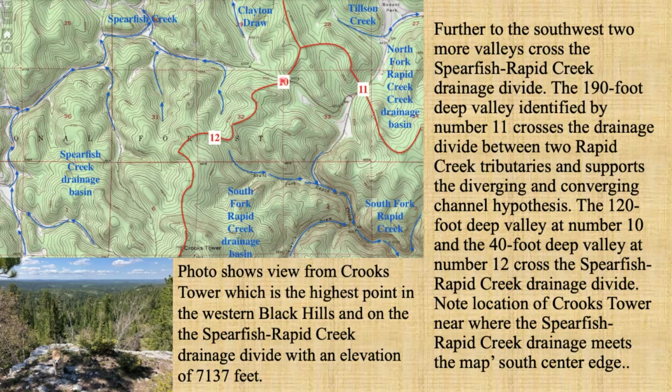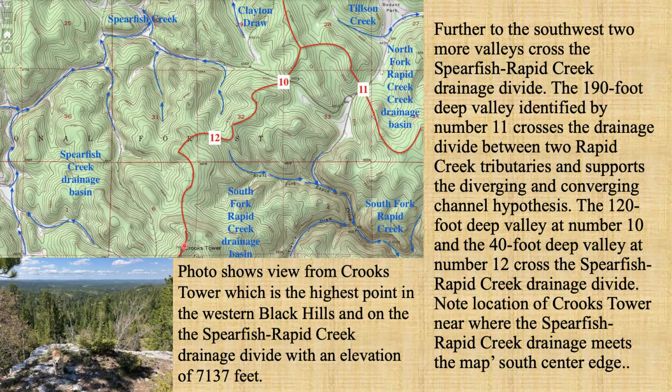But if we look at number 10 here, this is about 120 feet deep. Number 12 is a much shallower valley, only about 40 feet deep. But again, we've got more evidence of these anastomosing channels flowing across the drainage divide.